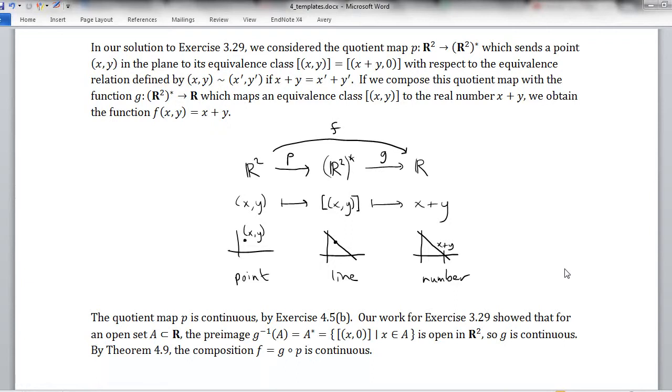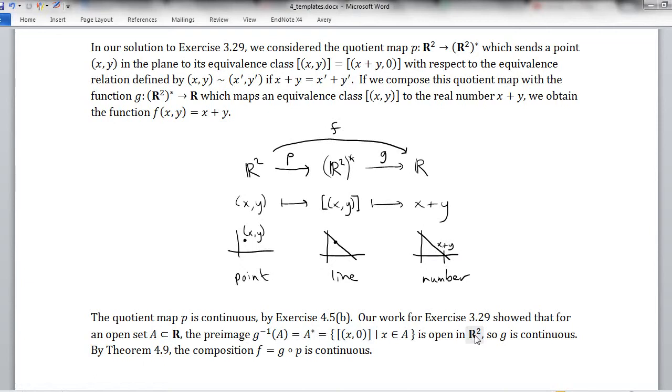And then our work back in exercise 3.29 showed that if we take any open set A here in R, in the target of g, then its preimage under g, which if you think about it is actually equal to what we called A star back then, is the set of all equivalence classes of the form (x, 0) where x is in A. So it's a collection of lines which intersect the x-axis at the points in A. And we proved that if A is open, then its preimage under g is open as well.